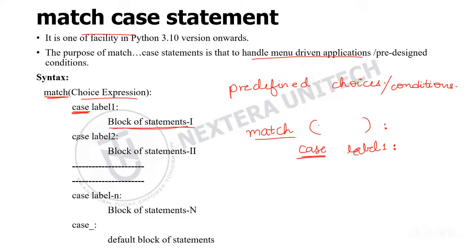And if it matches with label 2, it will execute block of statements 2. And so on till n. We'll be checking a number of menu options. And here, if all these cases are false, we have a case underscore. Here the underscore is treated as a default value.